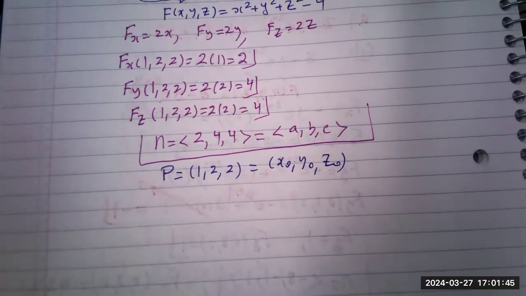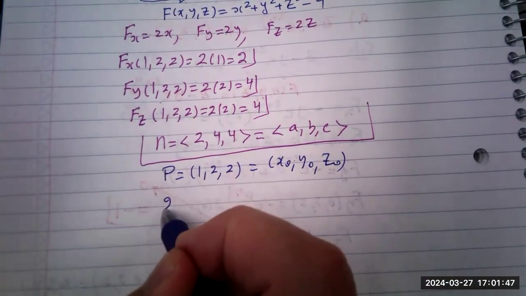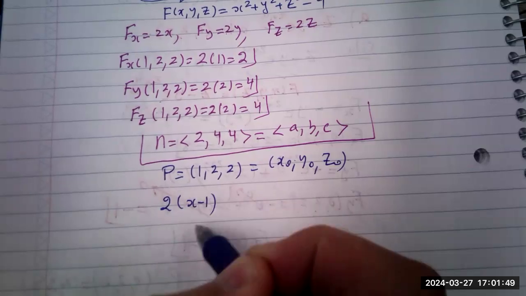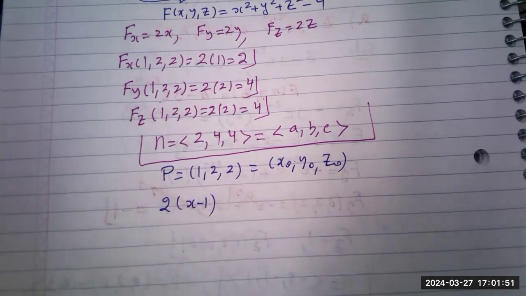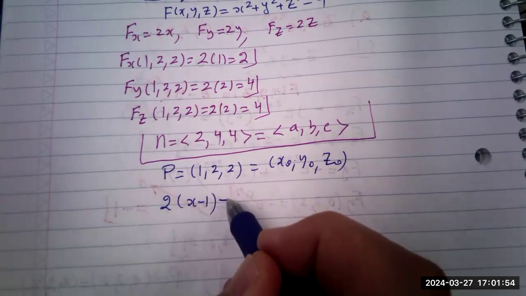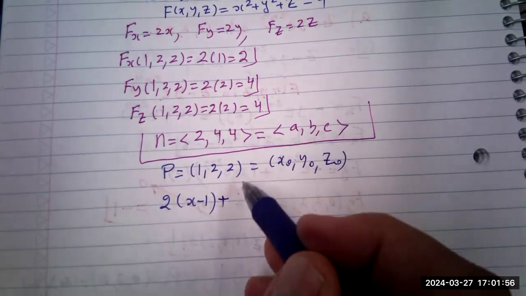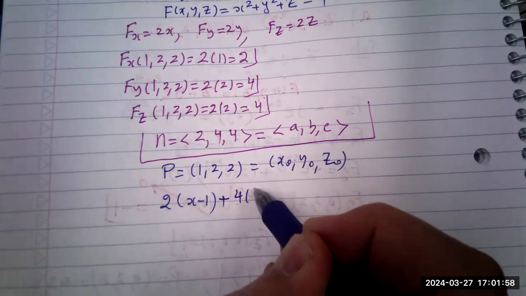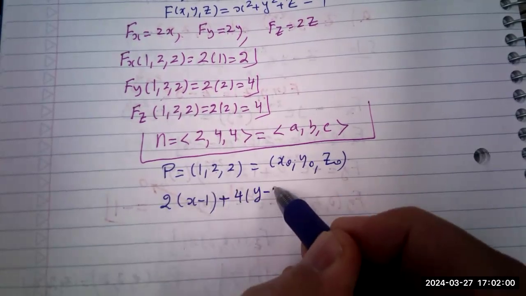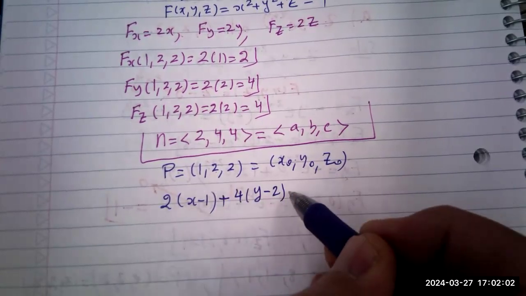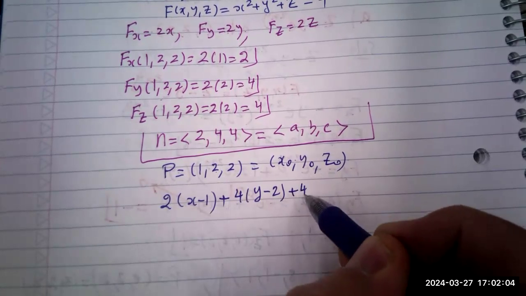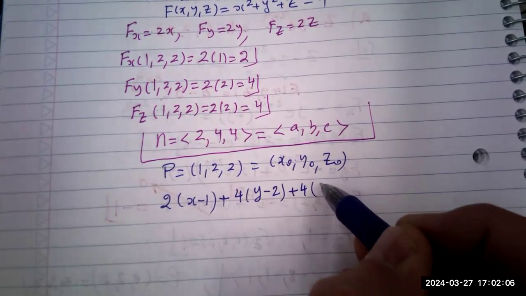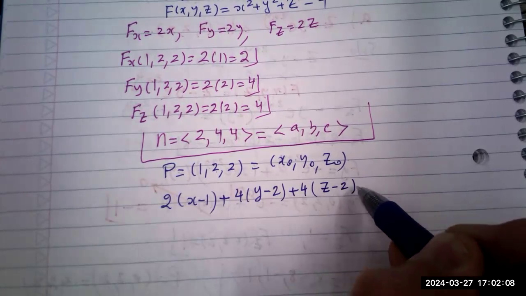So the equation: A is 2, times x minus x0, 2 times (x minus 1), plus B is 4 times (y minus y0), y minus 2, and plus C is 4 times (z minus 2), equal to 0.